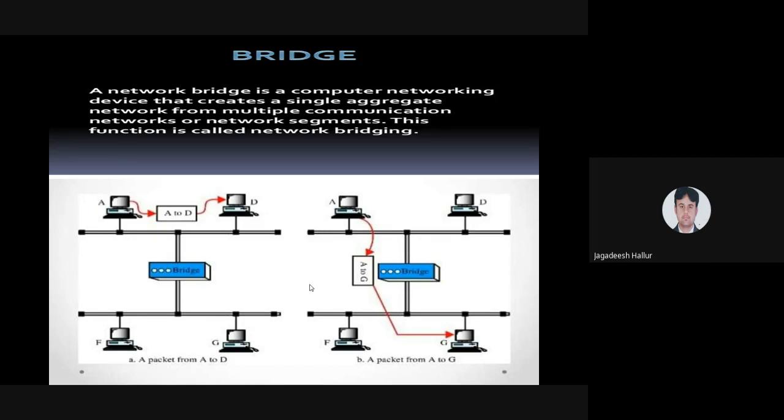Immediate action takes place and the message is sent from A to D, because that table has already been updated. So once you maintain the bridge table in memory, we can send the message or information to the individual computers. This is the concept of a bridge.